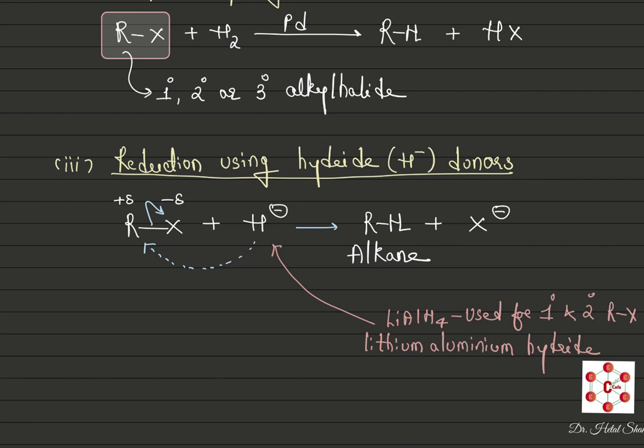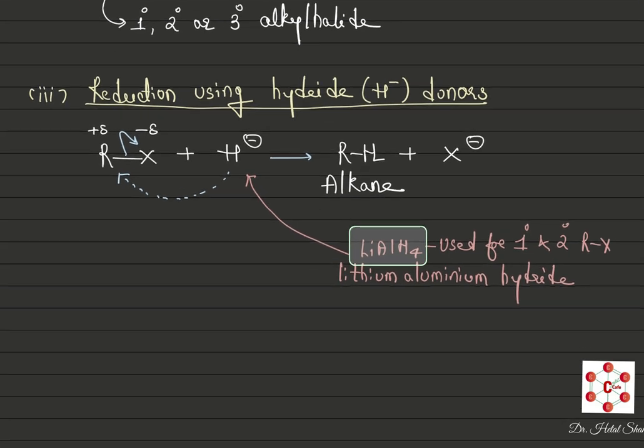Very important, and you all have to make a note of this. Lithium aluminium hydride is used for primary and secondary RX. Primary alkyl halides and secondary alkyl halides. So if you want to get H minus, lithium aluminium hydride can give you H minus.